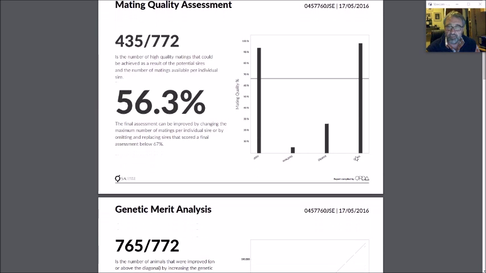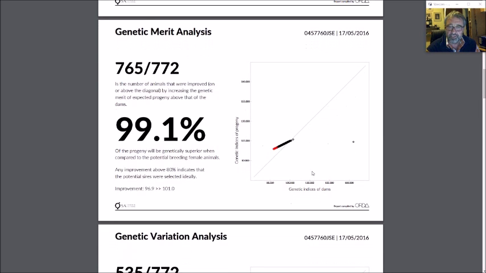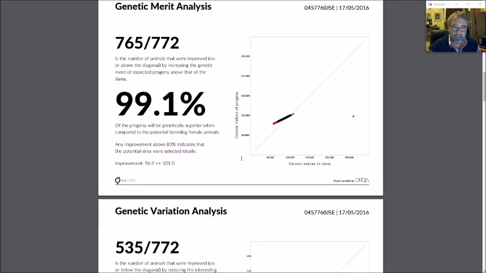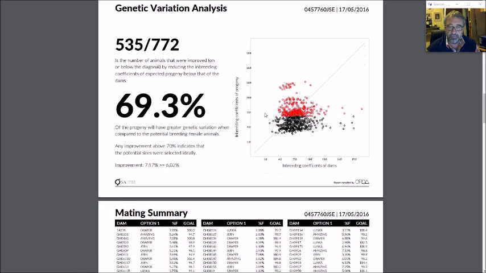These are the success of each of the 4 bulls. Also how the genetic merit changed. These were the genetic indices of the dams, and these are the resulting or the expected selection indices of the progeny. Also in terms of inbreeding, how successful the inbreeding was.